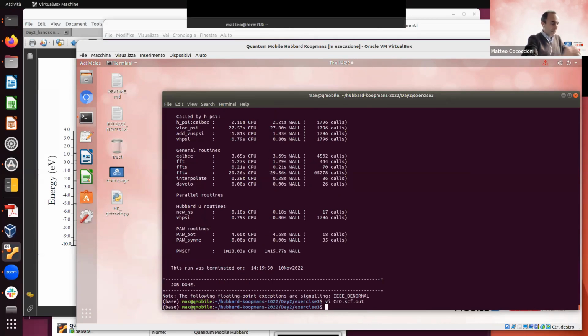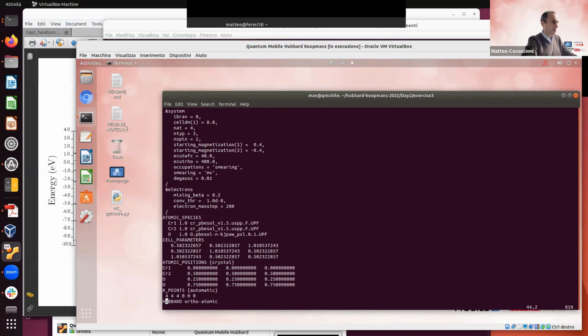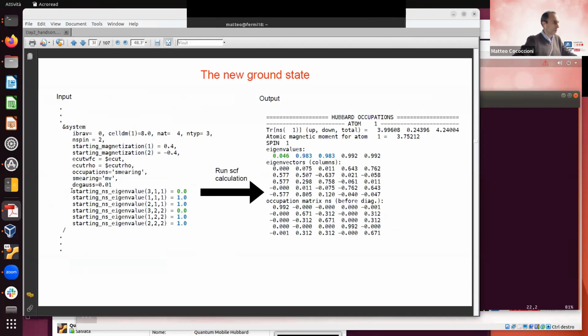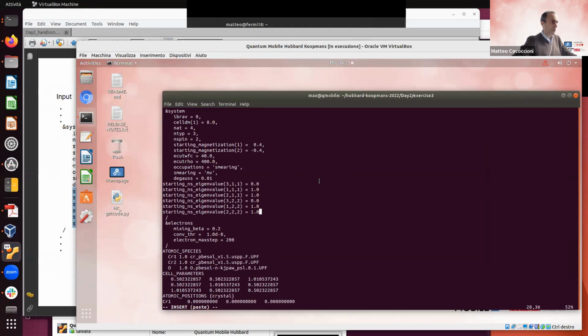Now let's do that. So let me copy from the previous input. So what does it mean?